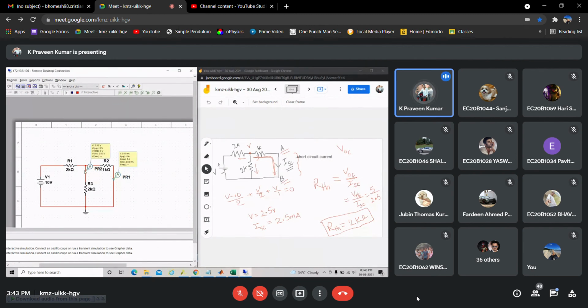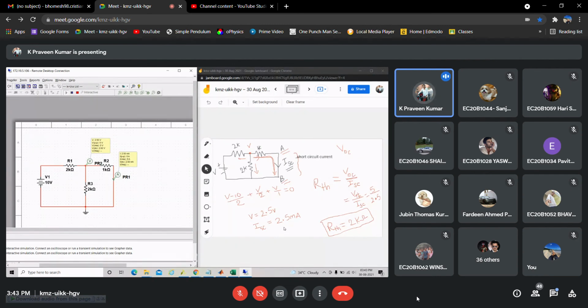And the voltage is 2.5 volt. So for your reference, I am giving the circuit we have solved. This node voltage is 2.5, and the short circuit current is 2.5 milliamp.